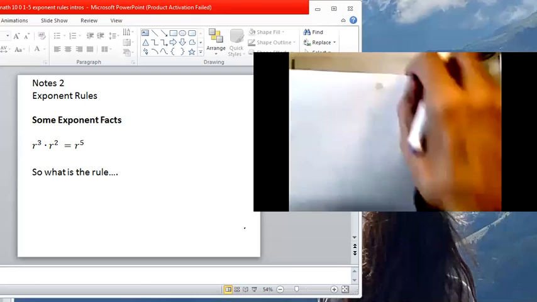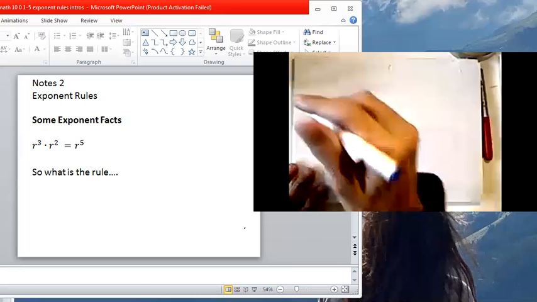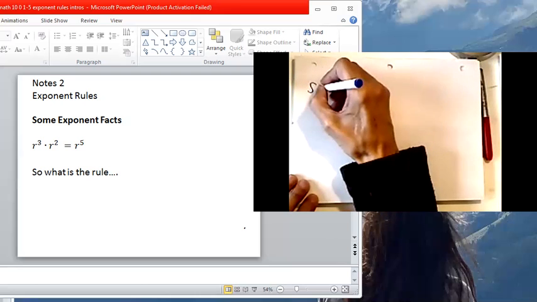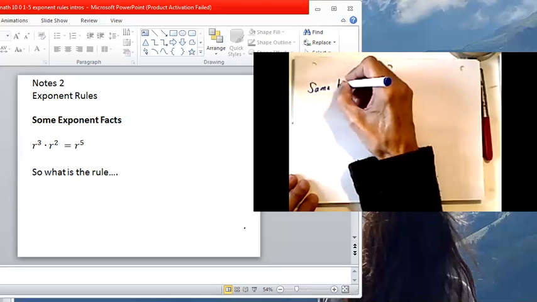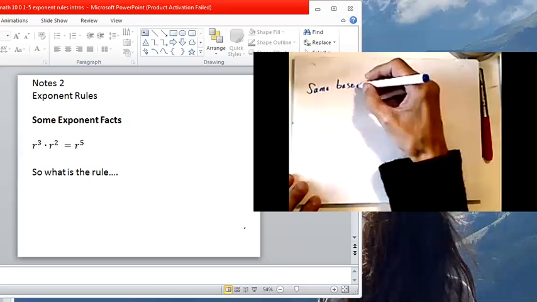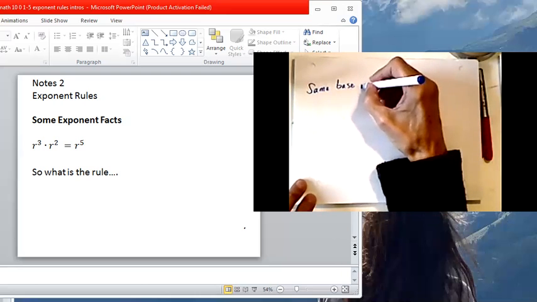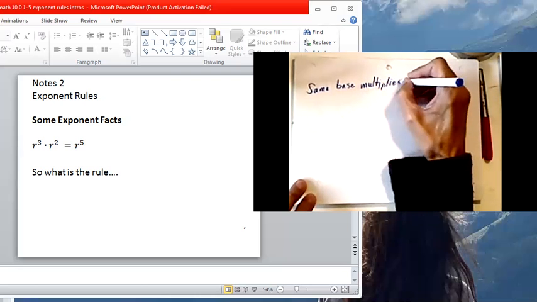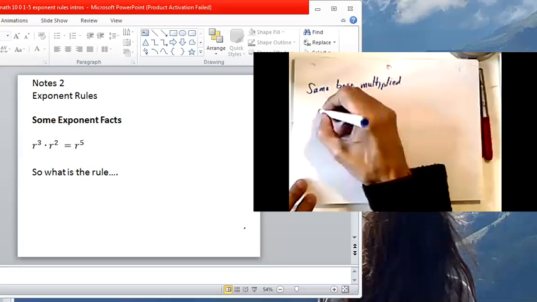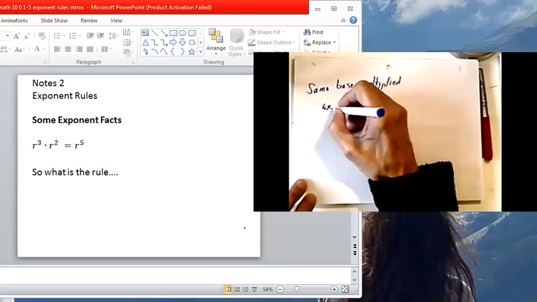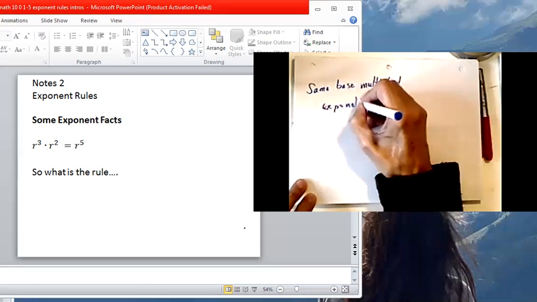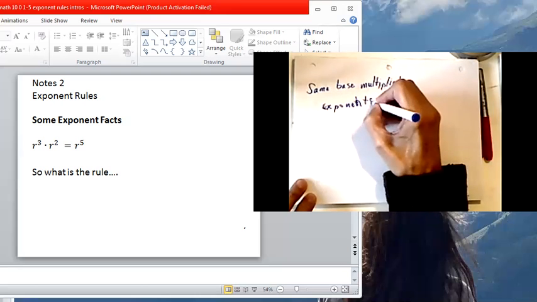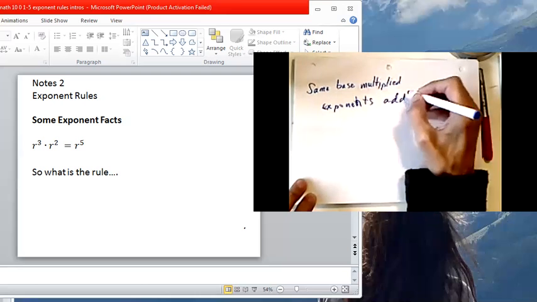So watch this. Whenever you have the same base being multiplied, the exponents add together. Exponents add.